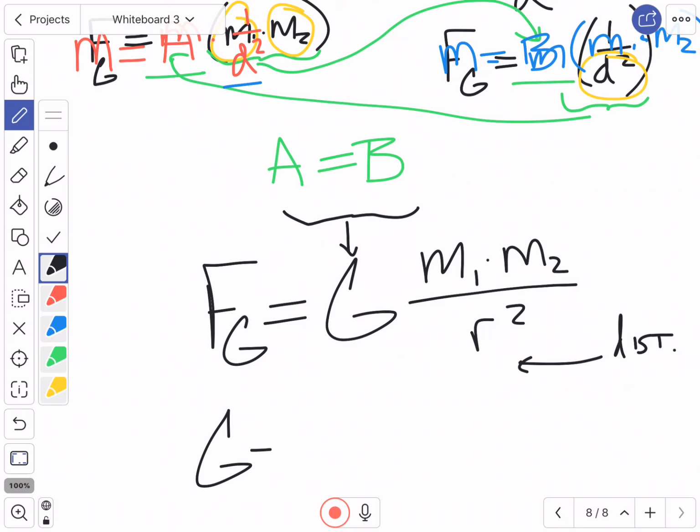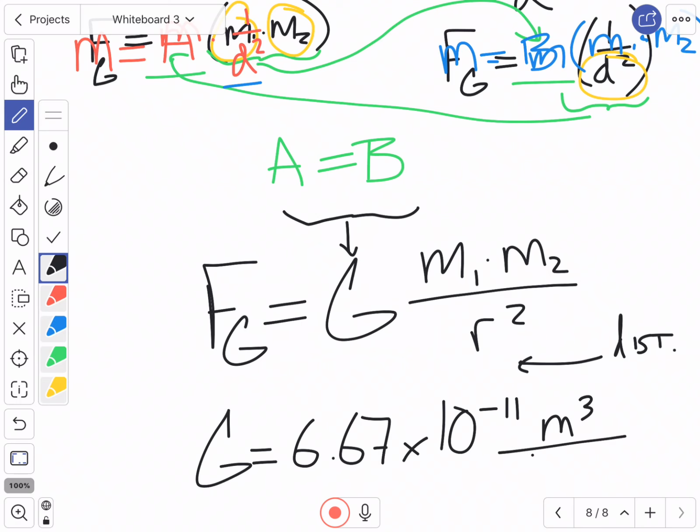They want us to use 6.67 times 10 to the negative 11, and the units are meters cubed divided by kilograms times seconds squared. What questions do we have then?